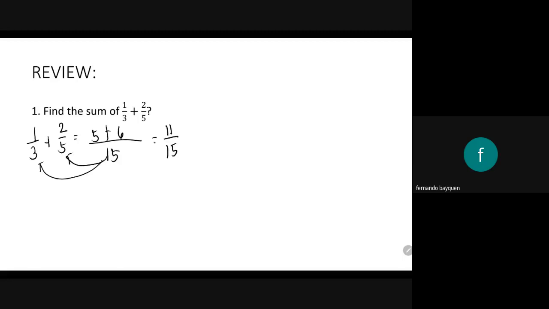Another way of solving this is to make 1/3 and 2/5 similar fractions. Since the LCD here is 15, you have to think of a number which, when multiplied to 3 and 5, gives 15. For 3, you multiply by 5/5; we just multiply by 1, represented by 5/5.